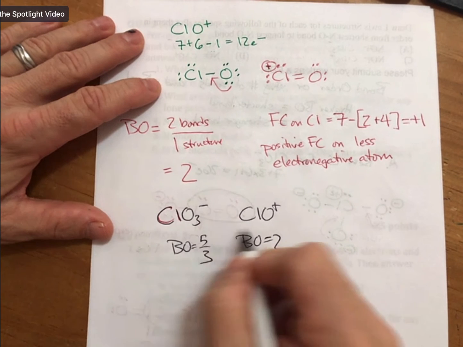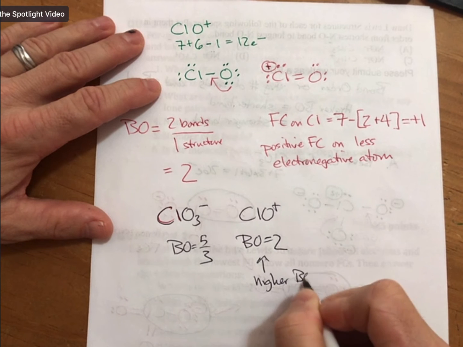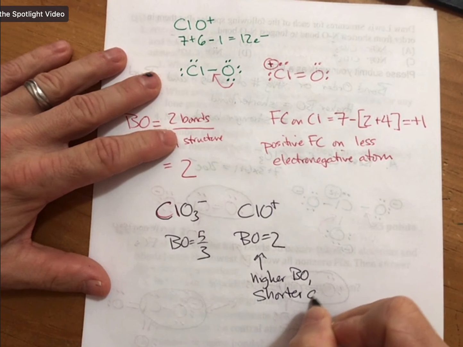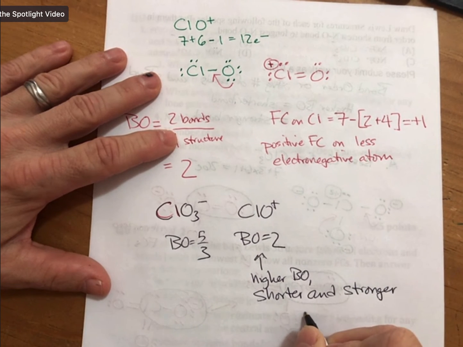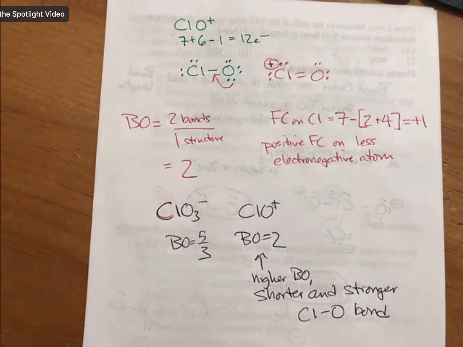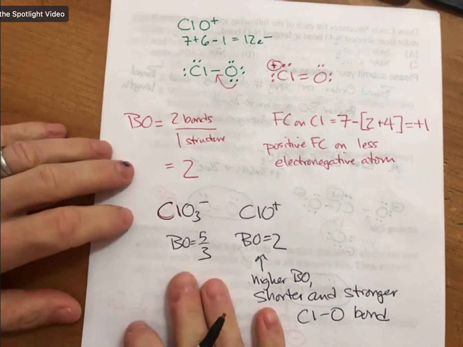So of these two at least, this has the higher bond order, the shorter and stronger ClO bond. And I've done 2 of them. Of course, there are 4 to do for this problem, and we would just continue this process until we've got them all. And you will be doing this process.